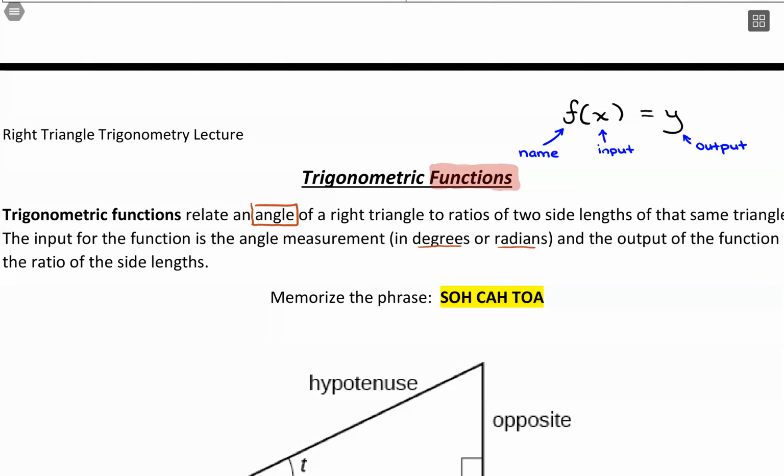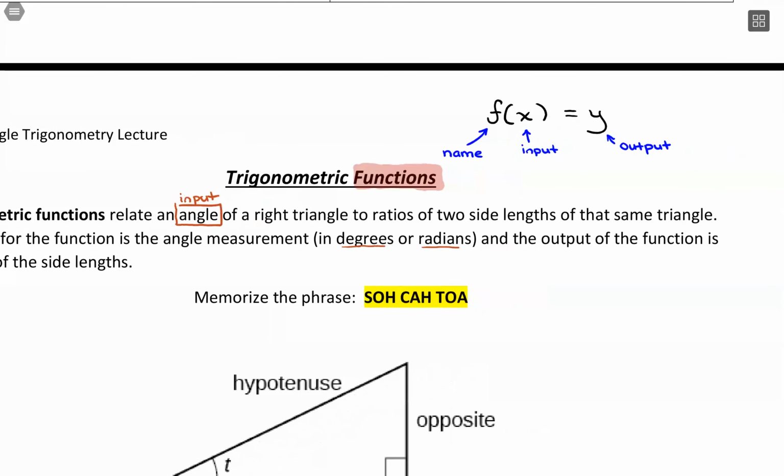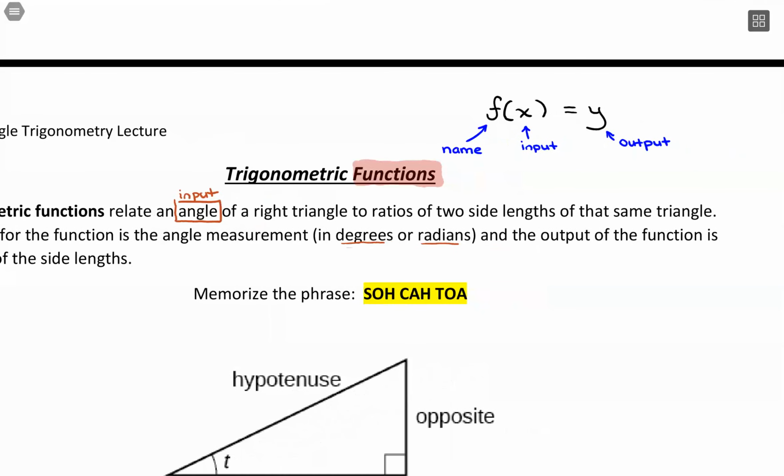We'll talk about the difference between the two. In this video for now, we're just dealing with the geometric space, so we're going to be working with degree measurements. But as we saw in the previous videos, we could switch to radians since they're equivalent. So the angle is going to be the input for our function, and the output is going to be a ratio of two side lengths.